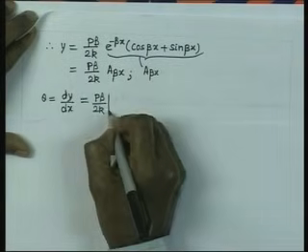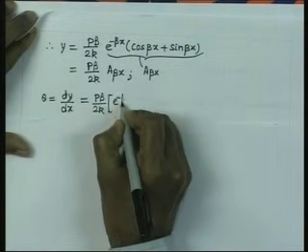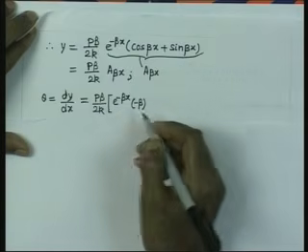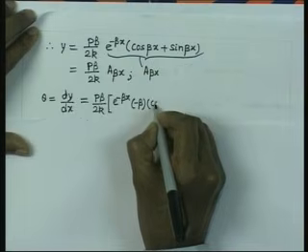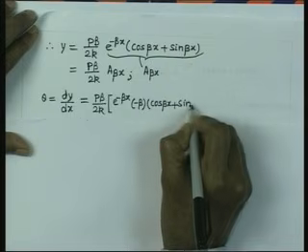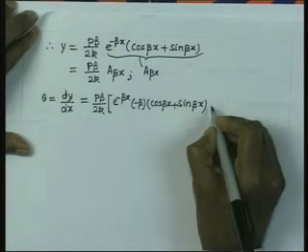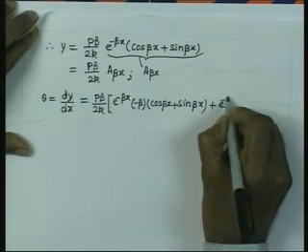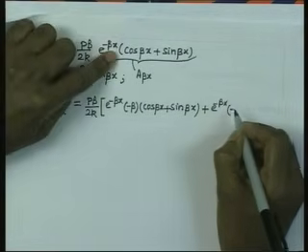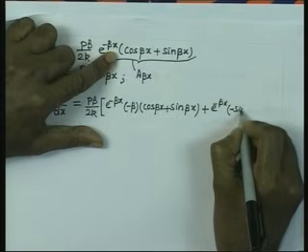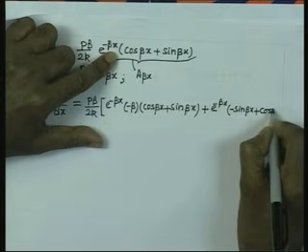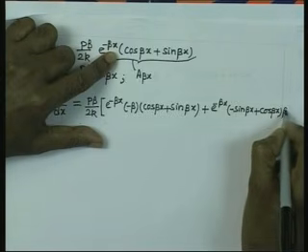If we differentiate this, we get e to the power minus beta x into minus beta for the first function, times cosine beta x plus sin beta x, plus e to the power minus beta x into the differentiation of this, which gives us minus sin beta x plus cosine beta x, into beta.